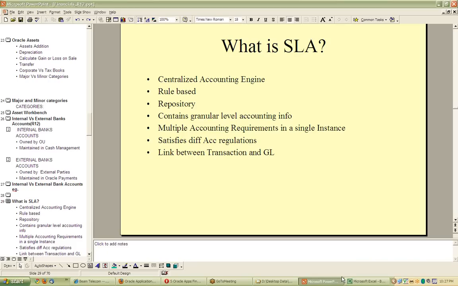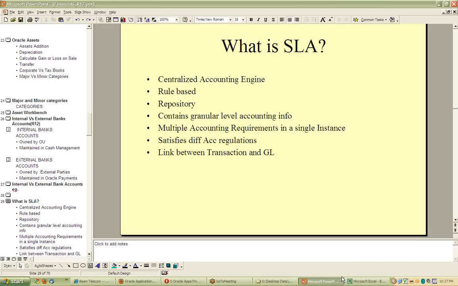Whenever a transaction takes place in AR, or whenever an invoice gets created in AP, and accounting has to take place for this particular transaction, it is through subledger accounting, the central engine, that it takes place. So there are rules defined in subledger accounting.